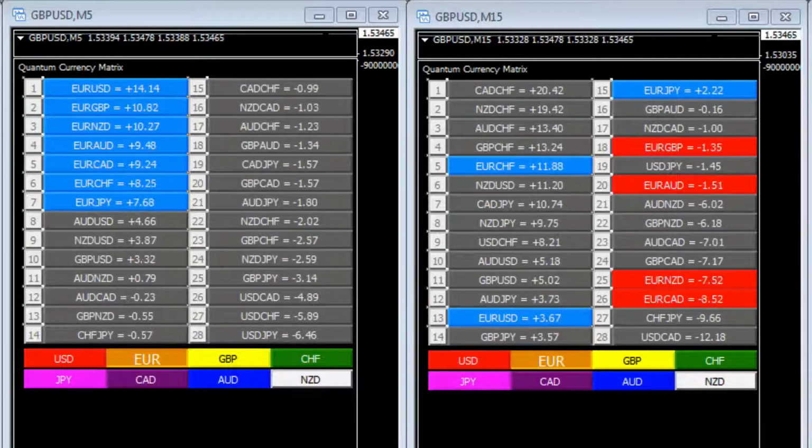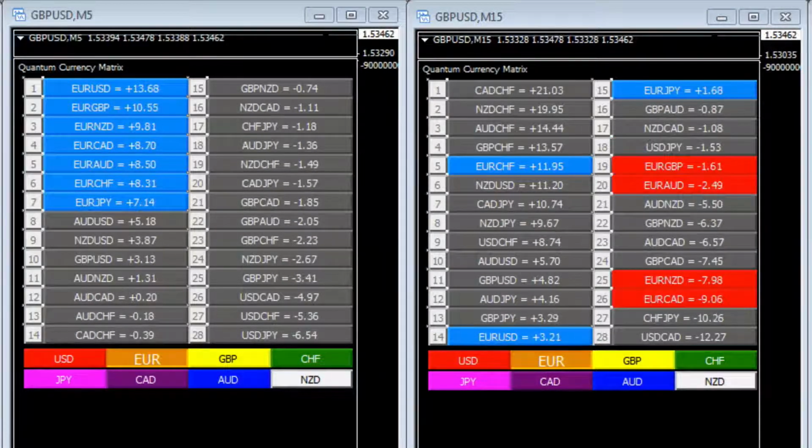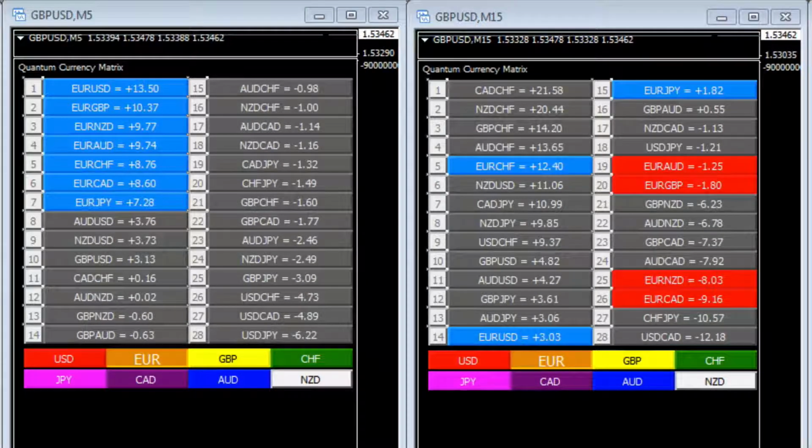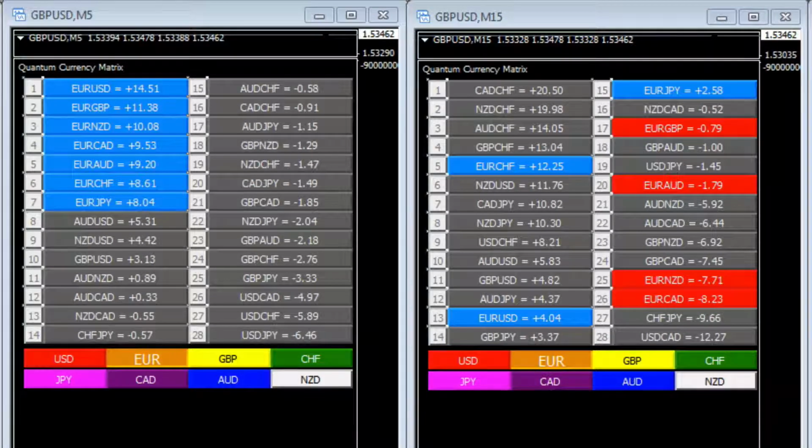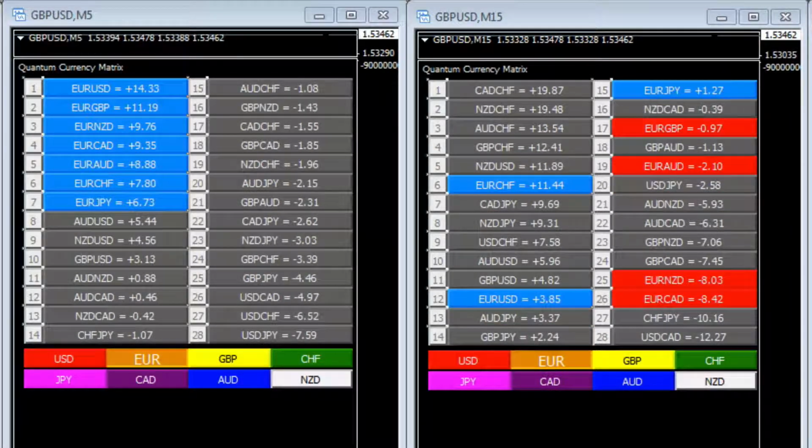Now in addition to that, something else quite interesting on that particular time frame, and indeed also relevant to the slower time frames, if you look at the divergence between the number 1 position, which is currently occupied by the euro dollar, down to the bottom of the index on the 5 minute time frame, you can see there the dollar yen is only minus 7.5 at the moment.